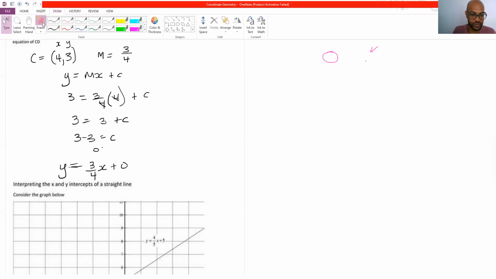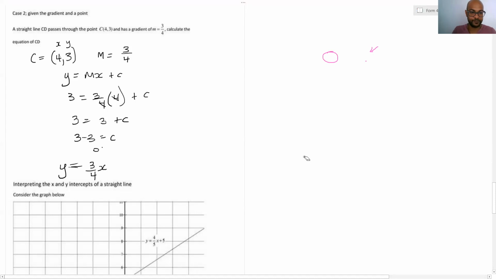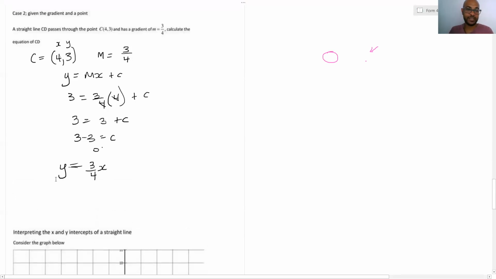So I could actually just leave it like that. So the equation of my line, when C is (4, 3) and my gradient is 3/4, is y is equal to 3/4 x, or 3 over 4x.